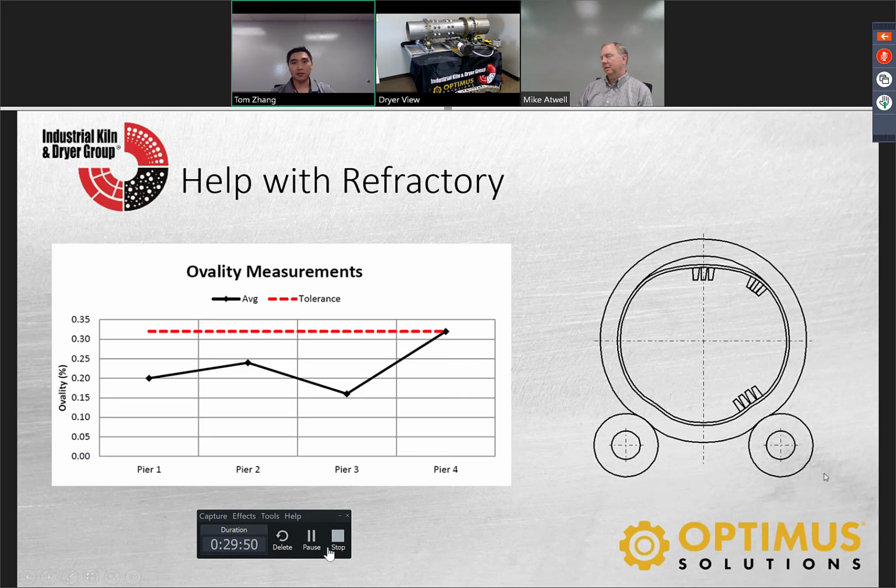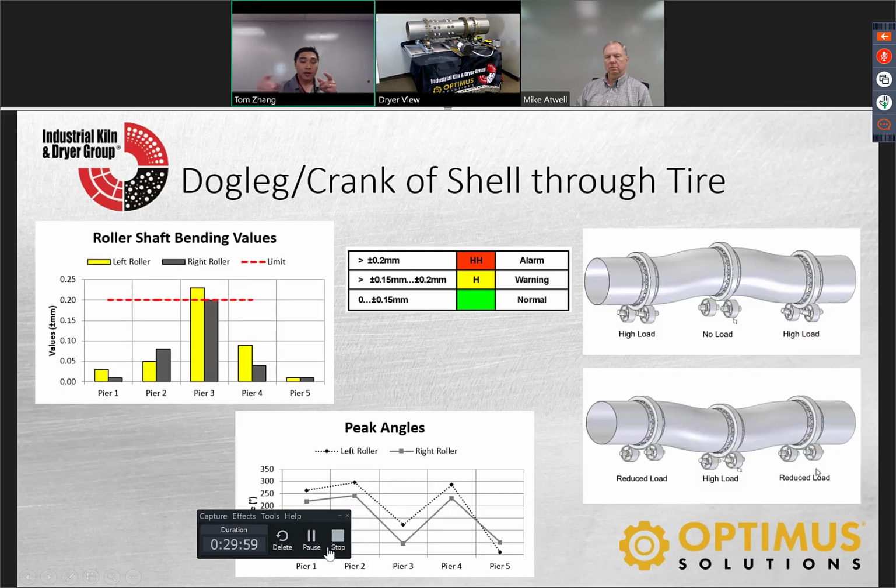It's measuring 180 degrees from the contact point. We measure it here with the instrument, you'll get a number, and that is the deflection on the shaft. Anything above 0.2 is considered an alarm, something where we need to seriously look at corrective actions.